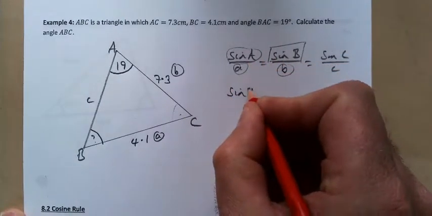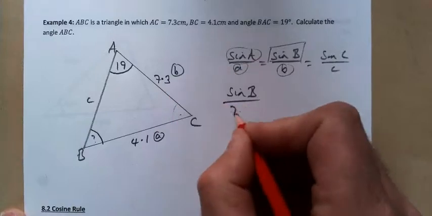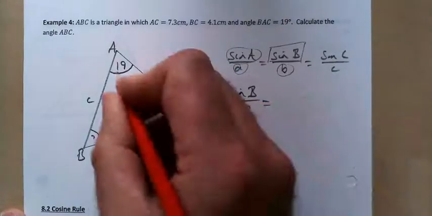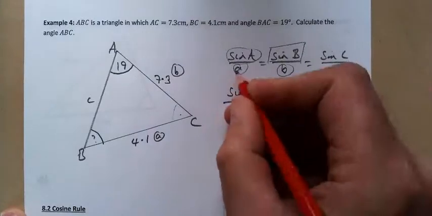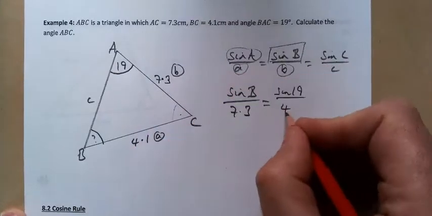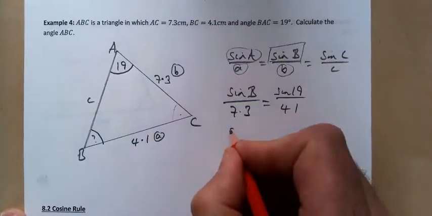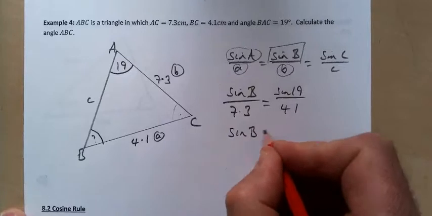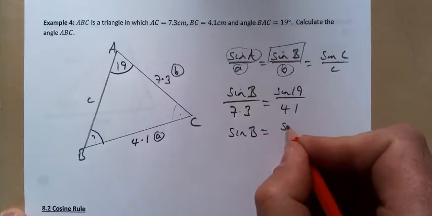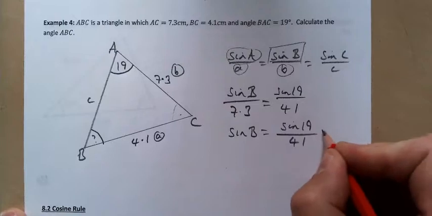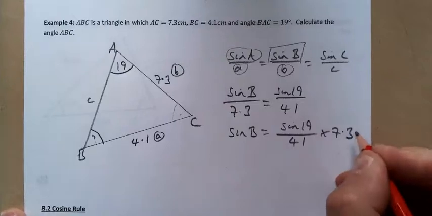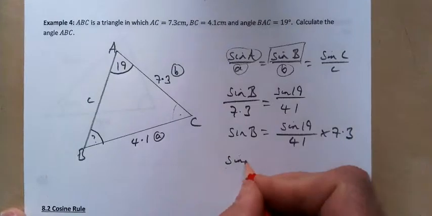So I'm going to write sine B over 7.3 equals sine 19 over 4.1. That means sine B is going to equal sine 19 over 4.1 multiplied by 7.3.